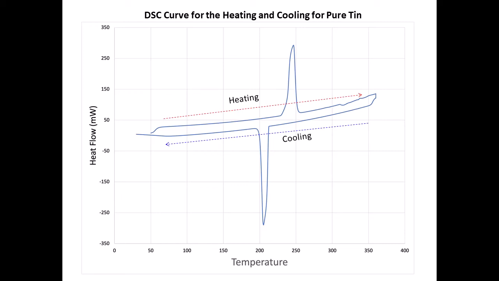This is demonstrated in the next slide, where we now show you the actual DSC trace for the melting and solidification of pure tin. Note that the two peaks here, the endotherm and the exotherm, do not lie directly on top of each other. This is because the experiment was done at a heating and cooling rate of 40 degrees C per minute, a rather fast cooling and heating rate.